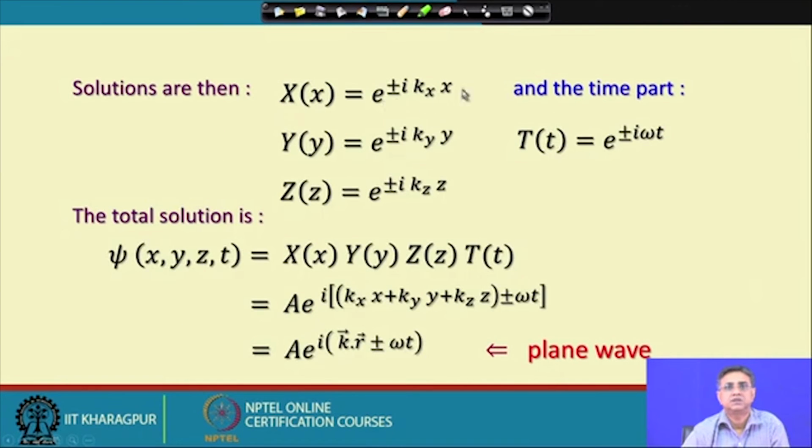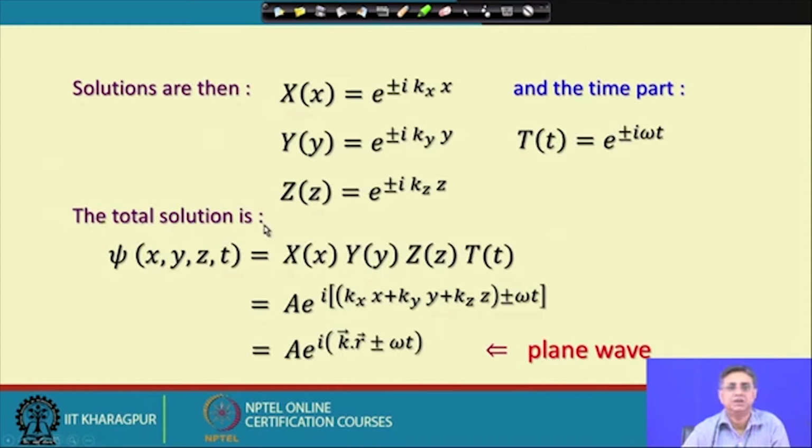are of this form: x equal to this, y equal to e to the power of plus minus i k y y, and similarly z equal to e to the power of plus minus i k z z, and the time part will become T of t equal to e to the power of plus minus i omega t.